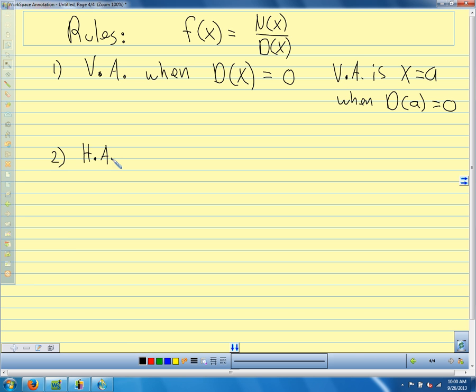So our first one, for a horizontal asymptote, and I'm going to use DEG for degree instead of writing down degree each time. If the degree of the numerator is less than the degree of the denominator, then y equals 0 is a horizontal asymptote.